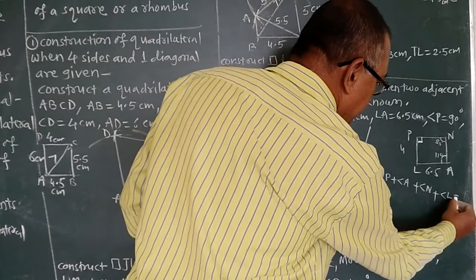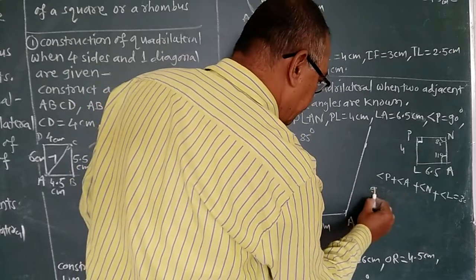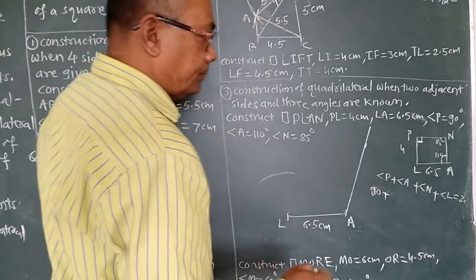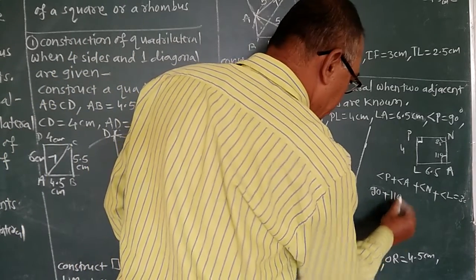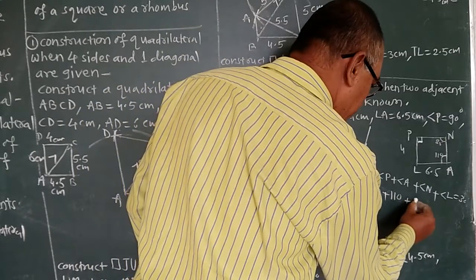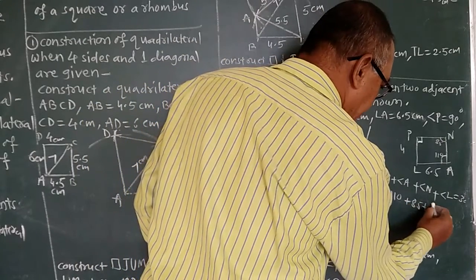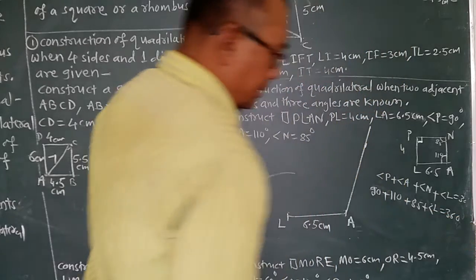So here 360. Now P is given 90 plus A is 110, plus 85 and plus angle L. We don't know angle L, is equal to 360.